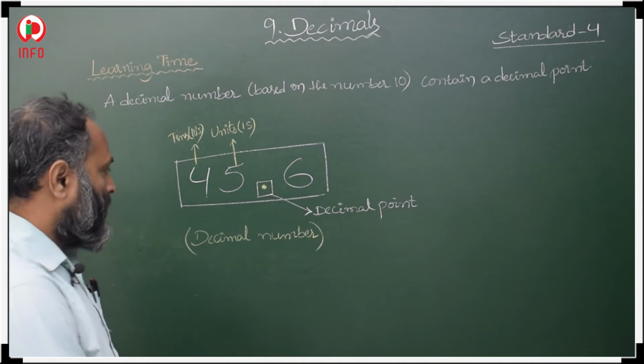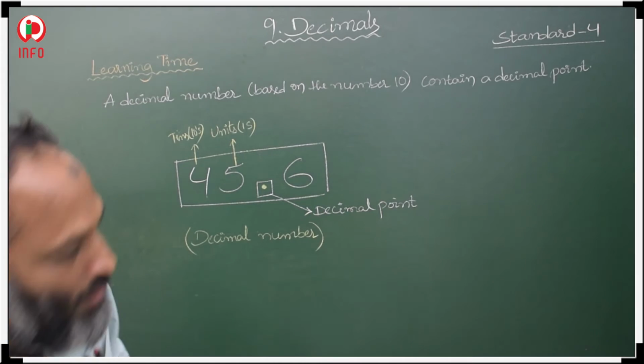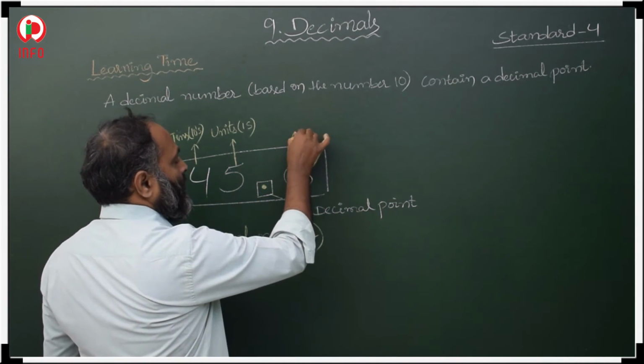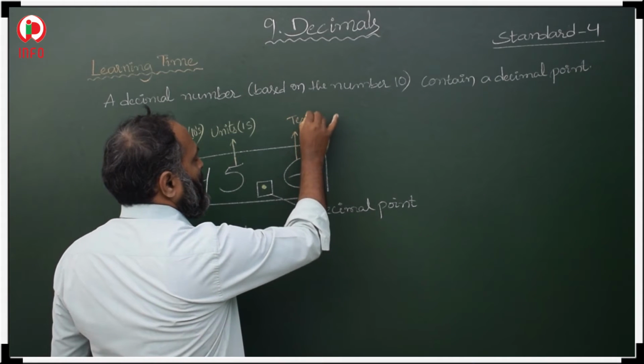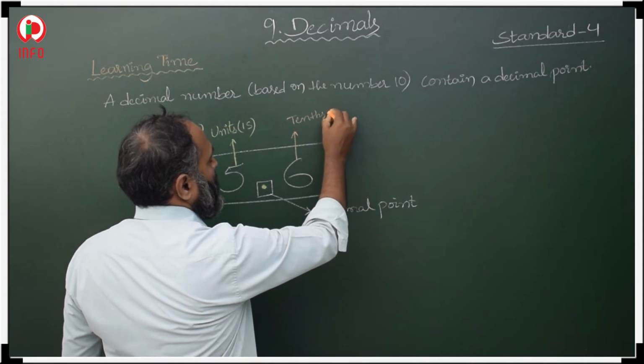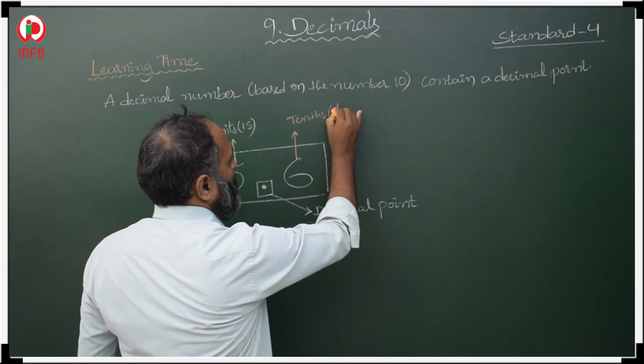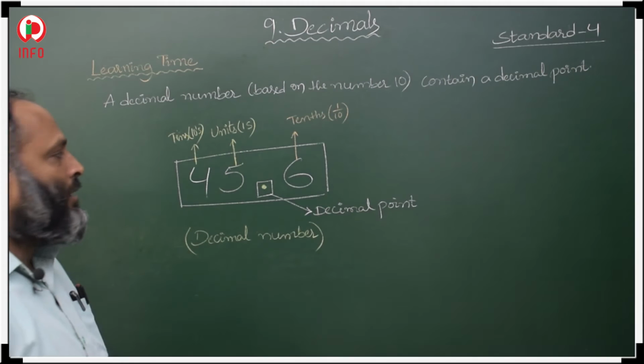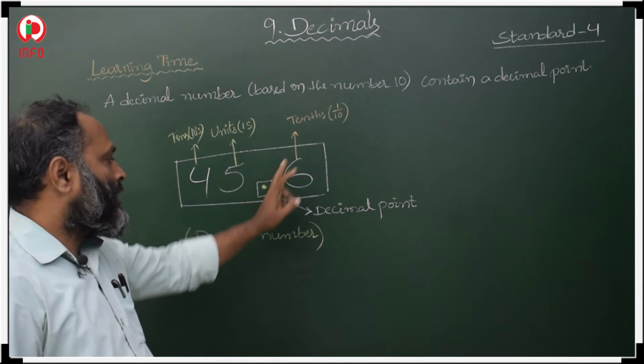And what about this 6? After the decimal, this number is in tenths place. Tenths means 1 by 10. So this is tenths.